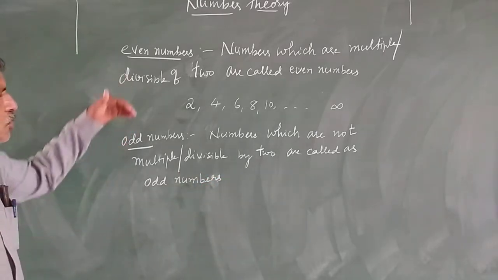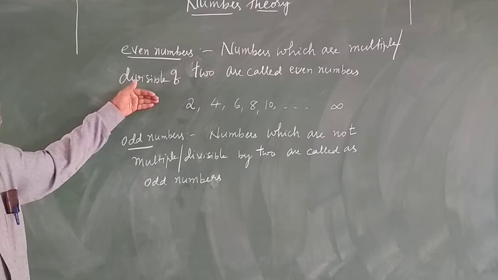So the only difference is that those numbers which are divisible by 2 are called even numbers.